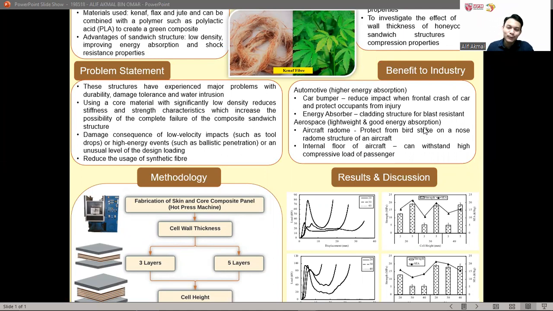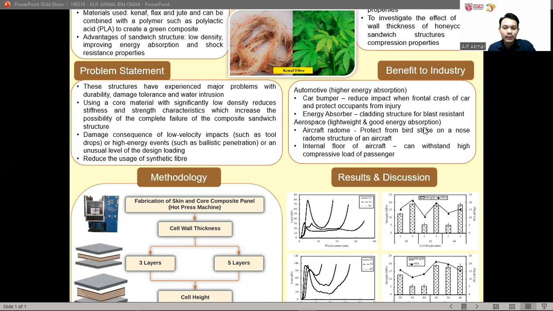There are two main industries that are expected to use Kenaf sandwich structure as a support material. In the beginning, I think it is not going to be a main material used in industry, but as a support mechanism, so that research by research we can see how far the sandwich structure using Kenaf can bring benefit to industry.